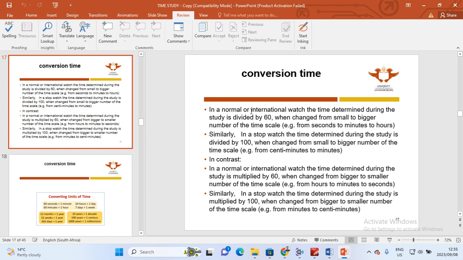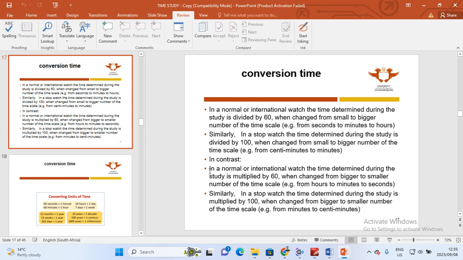In a normal or international watch, the time determined during the study is divided by 60 when changed from a smaller to a bigger number of the time scale. Similarly, in a stopwatch, the time determined during the study is divided by 100 when changed from a smaller to a bigger number of the time scale.